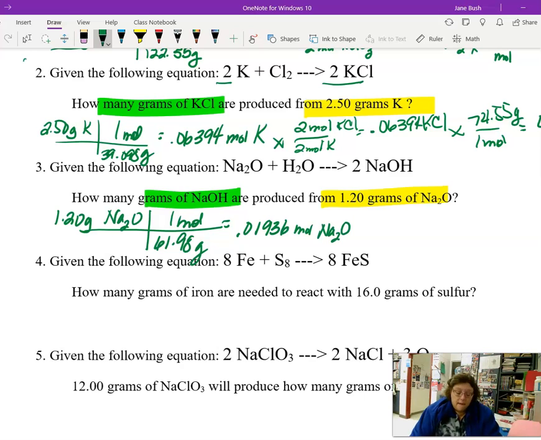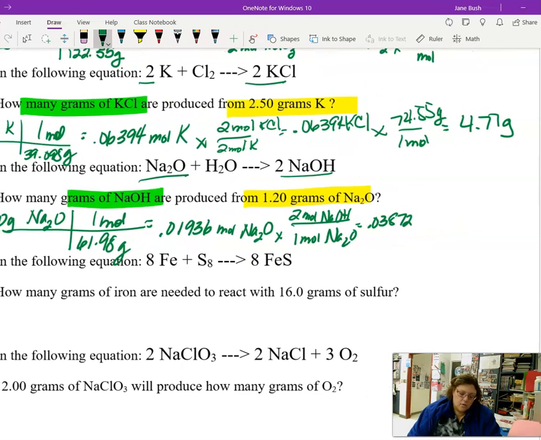Na2O. The next step is to multiply by the ratio. Na2O is 1, sodium hydroxide is 2, so we have 1 mole of Na2O to every 2 moles of sodium hydroxide formed. That should be 0.03872 moles of NaOH.